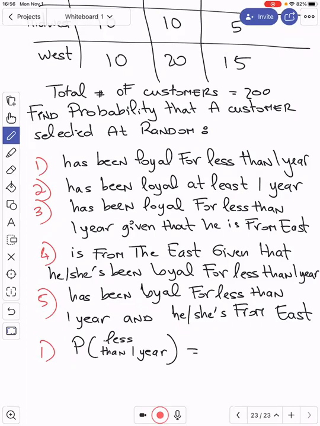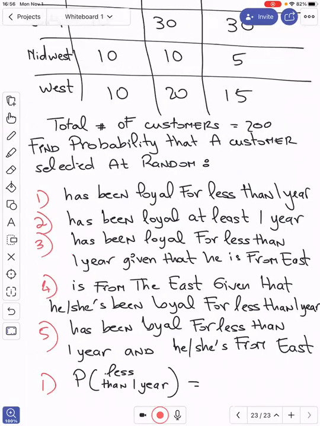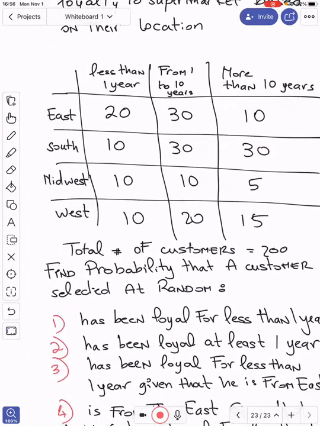So first we need the frequency of the event. How many customers in total have been loyal less than 1 year? That will be the first column, right? This is the total in the first column. That's the number of customers that have been loyal less than 1 year.